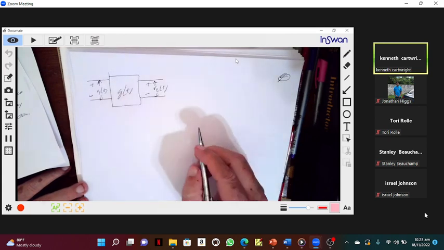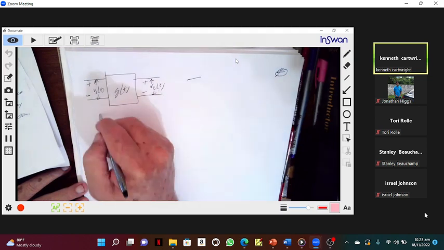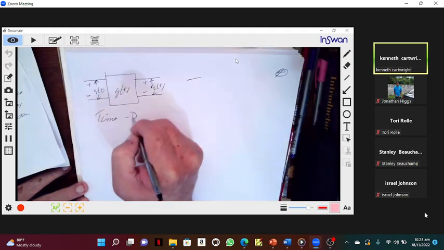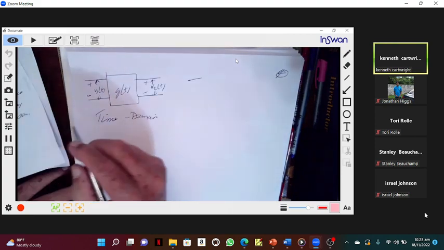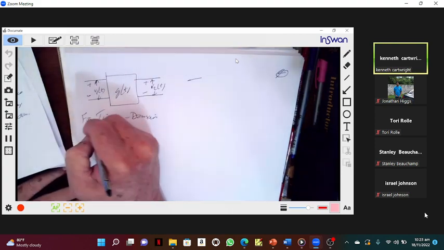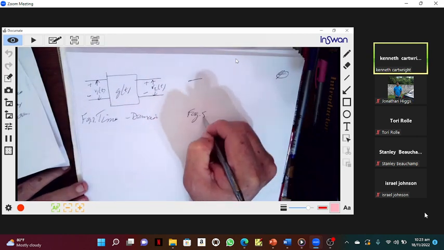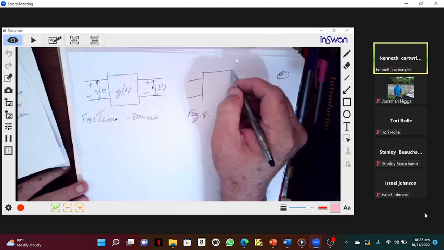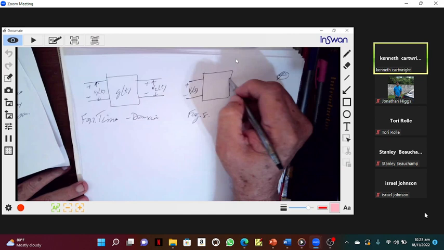This is the time domain. And this is the corresponding Laplace domain.